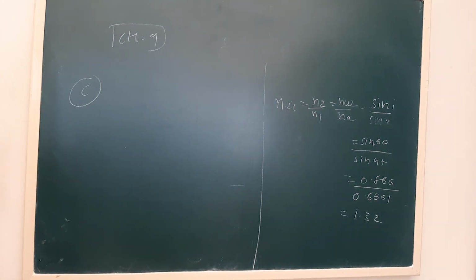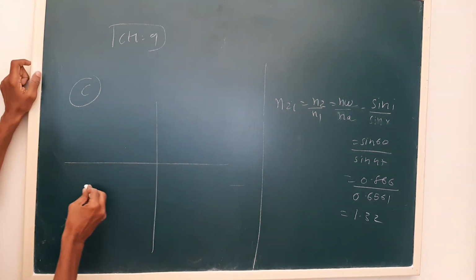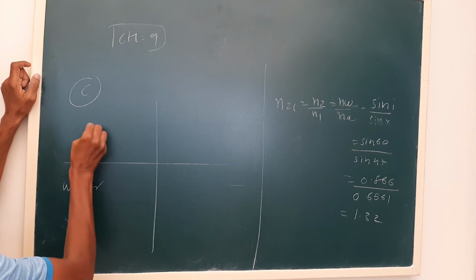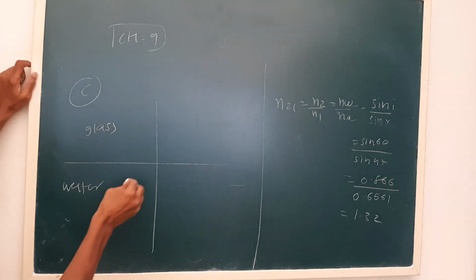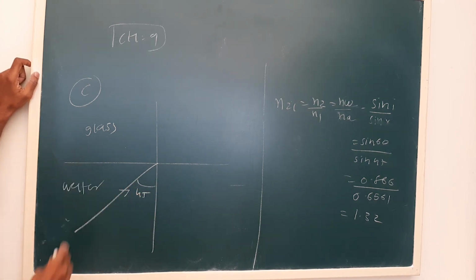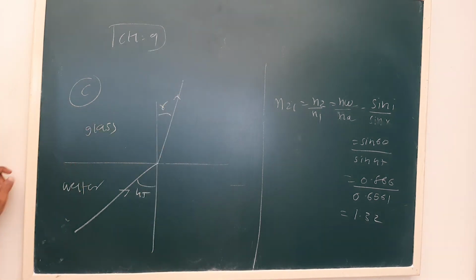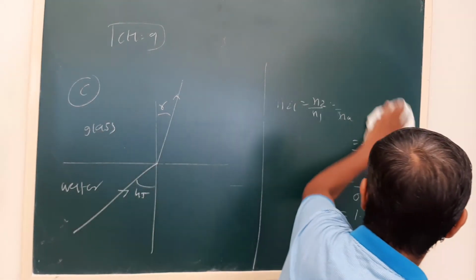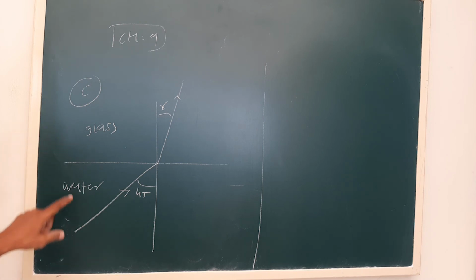Now the ray travels from water to glass. The third diagram given in the book shows a ray incident at an angle of 45 degree, travelling in glass. We have to find out the angle of refraction. Here we have to consider the refractive index of glass with respect to water.